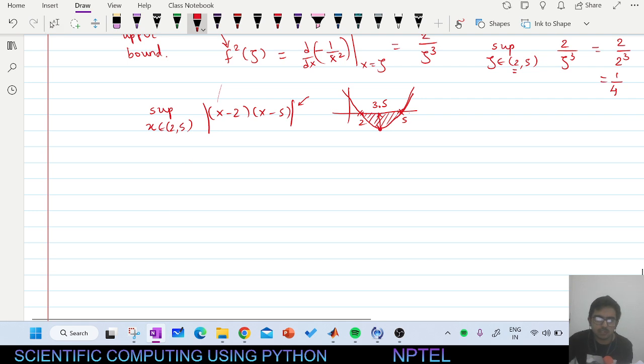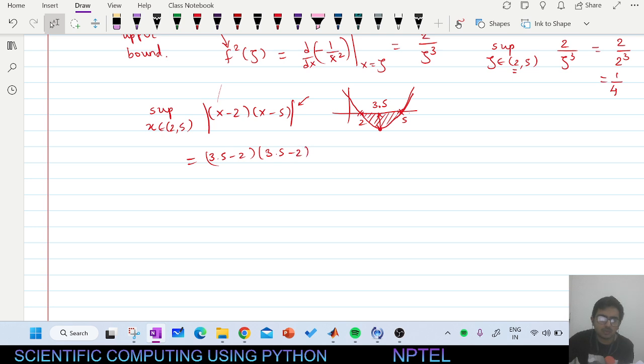So it's going to be 3.5 minus 2 and 3.5 minus 5, so 1.5 square, which is 2.25. By the way, you can just differentiate this and set it equal to 0, the standard traditional way, and that will give the same answer.